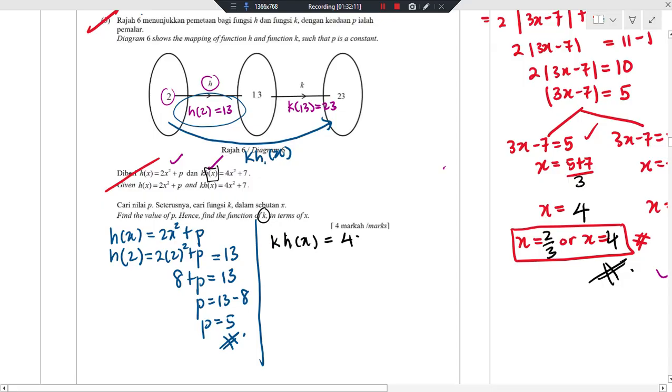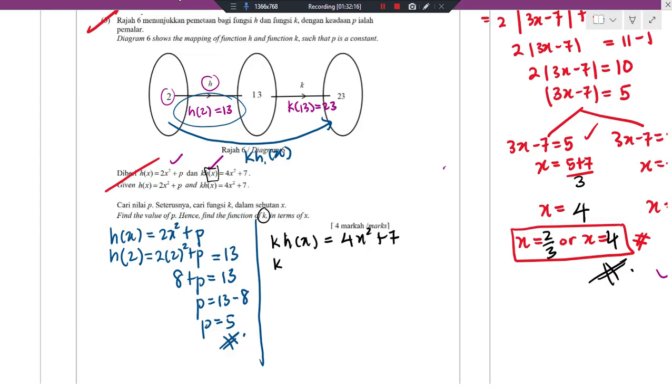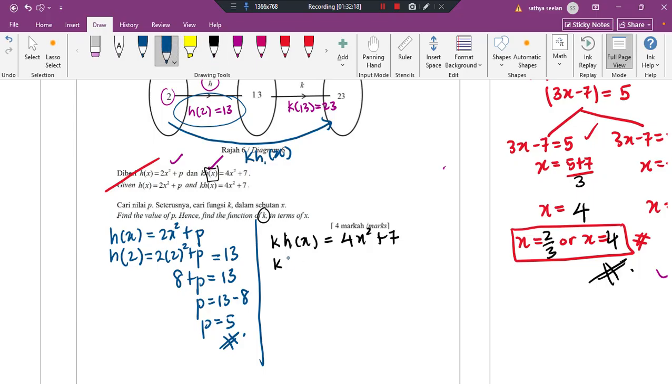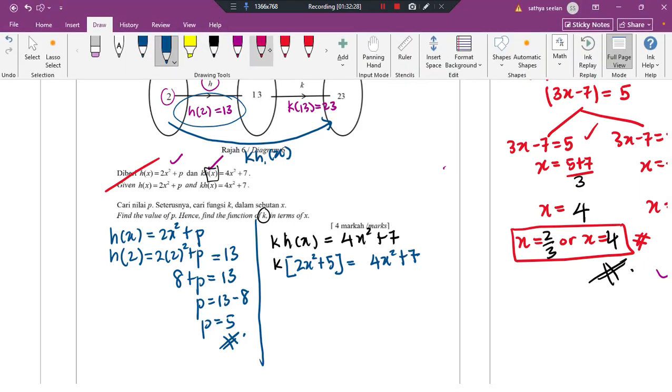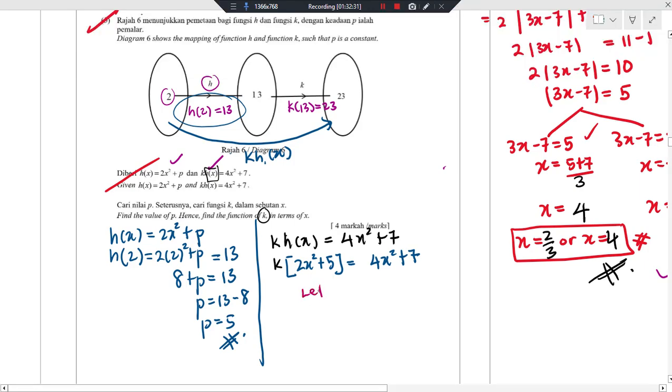The two steps. First, let 2x squared plus 5 equals y. So x equals square root of (y minus 5) over 2. Lepas tu square tukar jadi square root. Can you think this? Okay, just do in your mind. Plus 5 go there, minus 5.